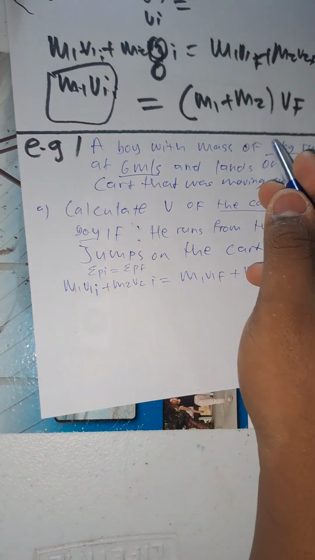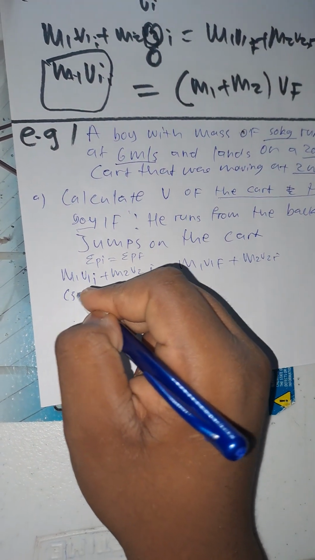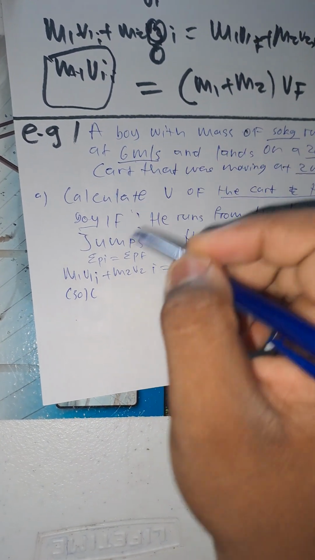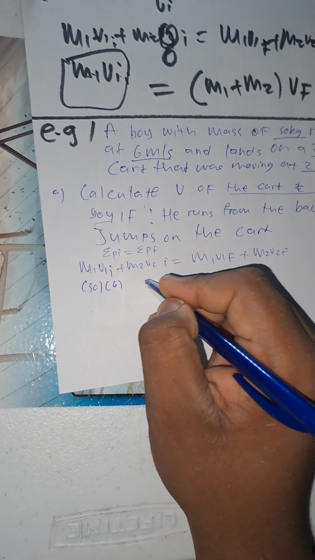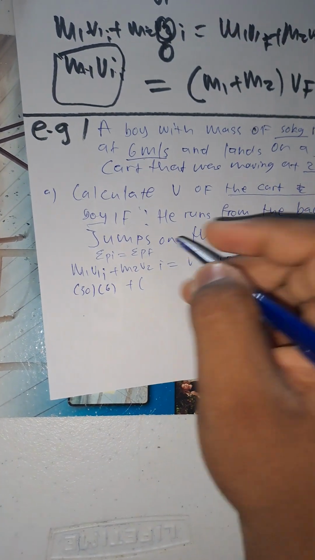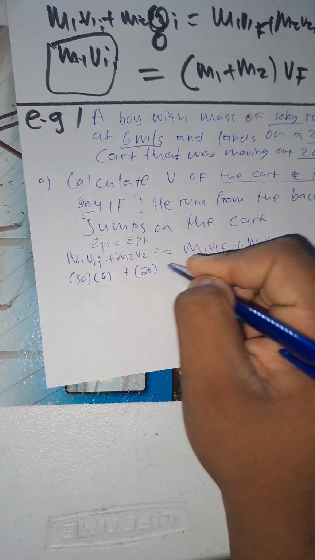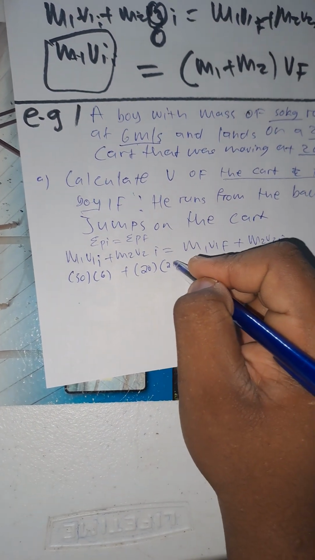I have a boy with a mass of 50 kg, so I say 50, and his initial velocity is 6. Plus the mass of the cart is 20 kg, moving at 2 meters per second.